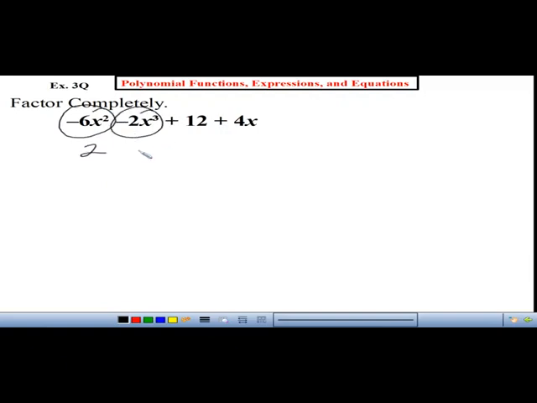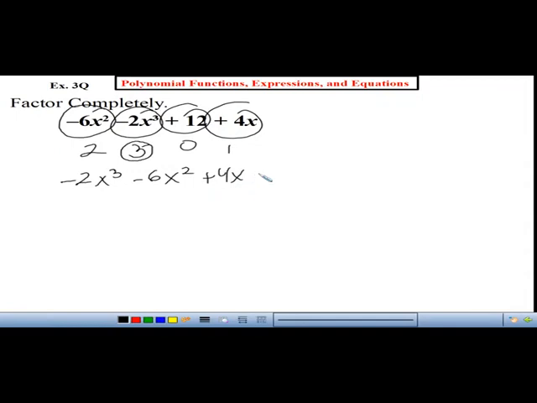This is second, this is third, this is 0, and this is 1. Which is the highest degree? Negative 2x cubed. Continue. And then negative 6x squared, and then plus 4x, plus 12. There you go.